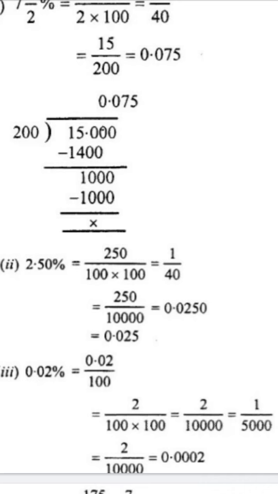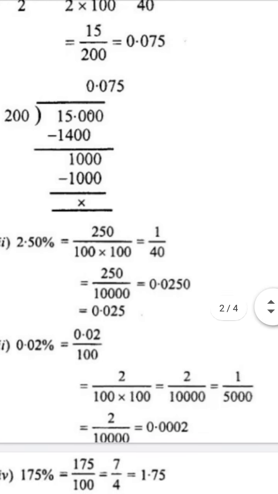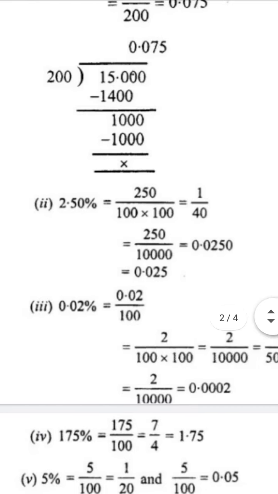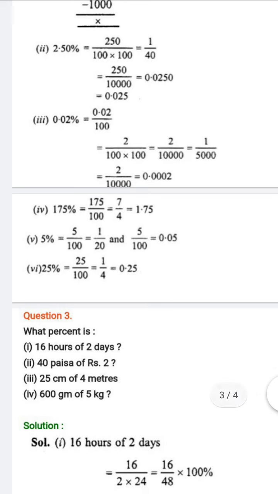So it will be 250 upon 10,000. After division the answer we will get is 0.0250. Got it now?